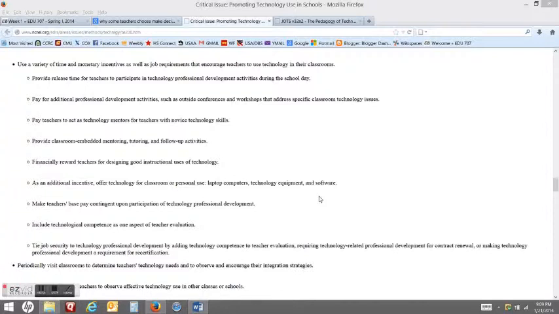What we need to do is give them time to be able to know how to use the equipment to successfully integrate it into their curriculum.